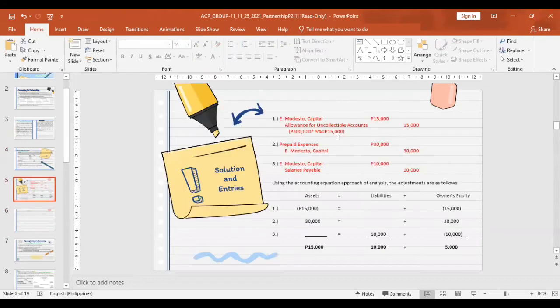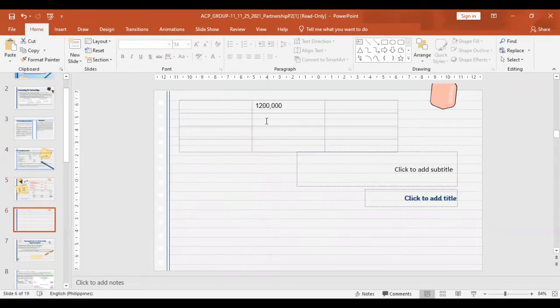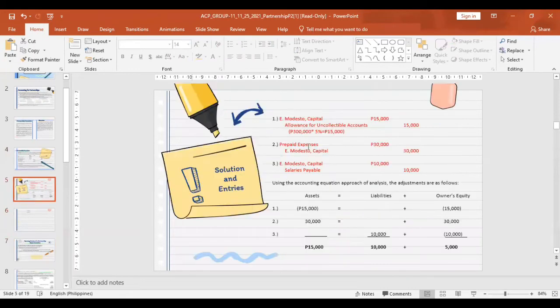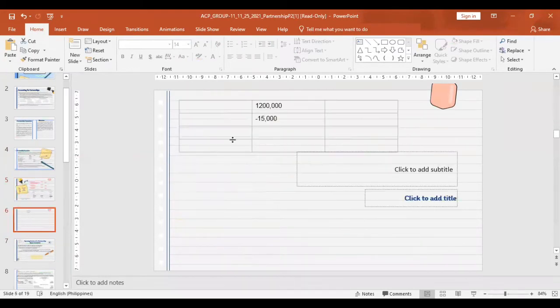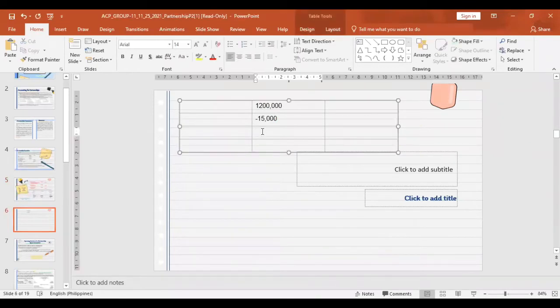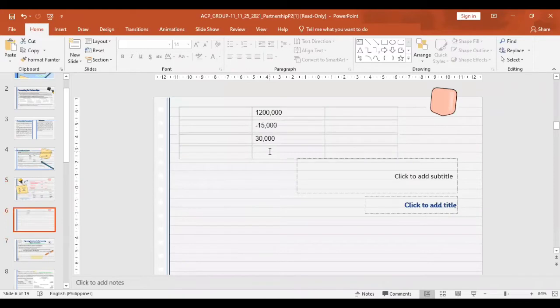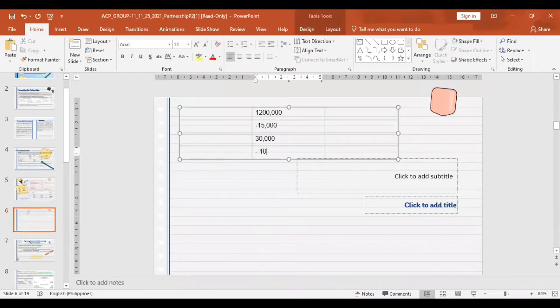Then yung adjustment natin, meron siyang credit na 15,000. Ay debit. So, less natin yun, 15,000. And then meron tayong credit niya 30,000. And then debit na 10,000. So, add natin yan. And then, less natin yung 10,000.